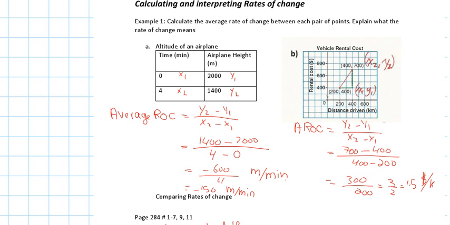So the rate for each kilometer is going to be $1.50. Are we okay with that?